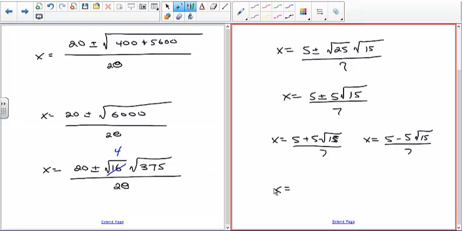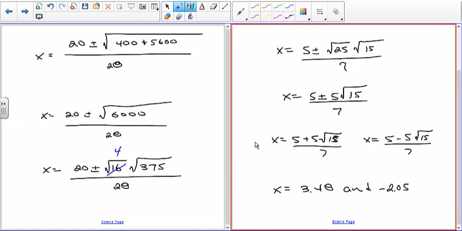And let's go ahead and figure out what those are. 5 plus 5 times the square root of 15, divided by 7. So we get 3.48, and the other one we subtract that, 5 times the square root of 15, and we divide by 7, and we get negative 2.05.